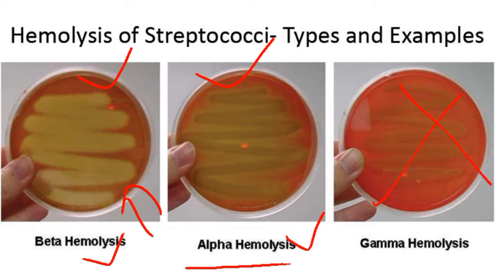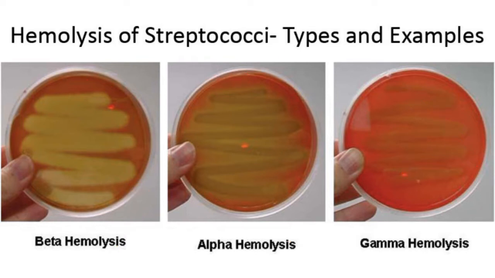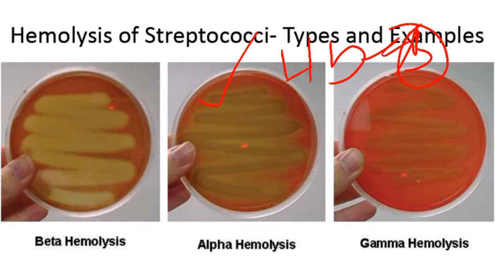Because Streptococcus pneumoniae contains pneumolysin. This pneumolysin breaks down the hemoglobin to biliverdin. And we know biliverdin is green in color. As you can see here, this is green in color, and hence all strep pneumoniae shows alpha hemolysis, or green color on blood agar.